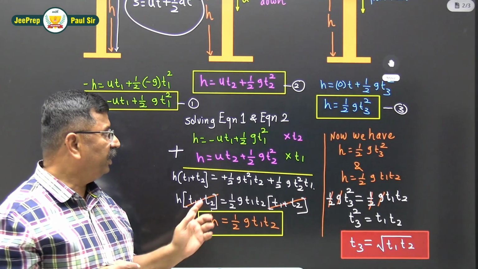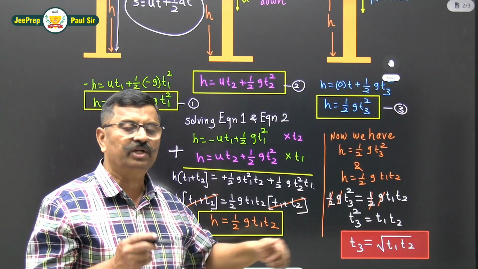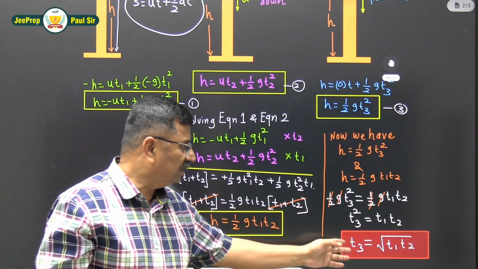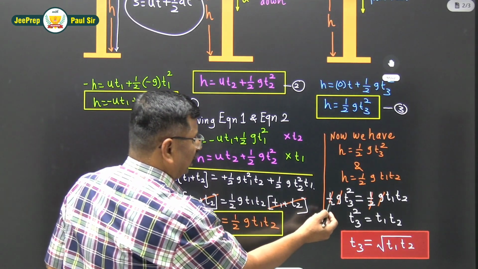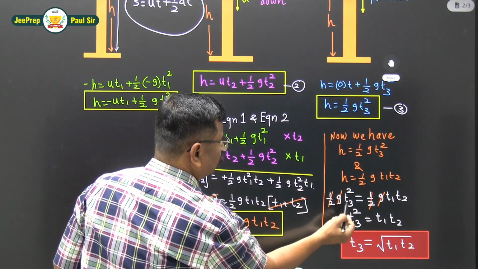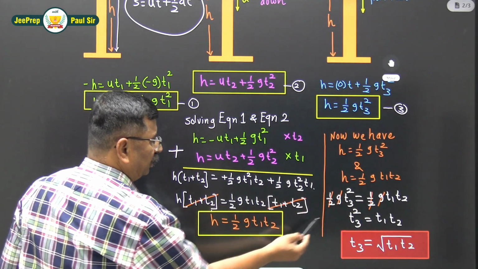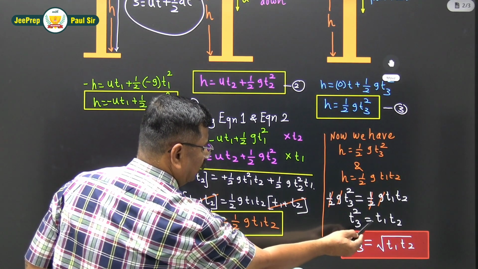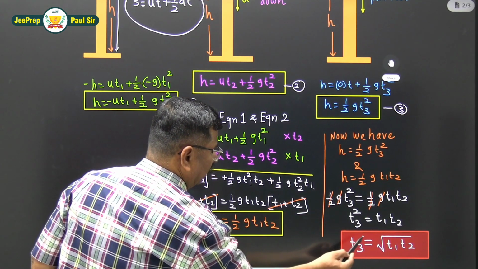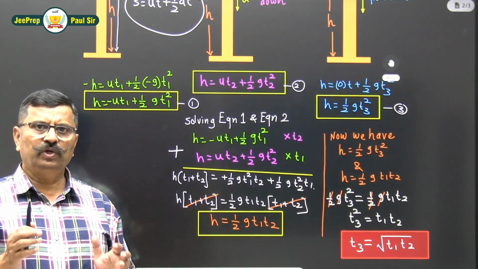So if I equate these two equations, I will get the required relationship among these three times t1, t2 and t3. Therefore, h is equal to half g t3 square is equal to half g t1 t2, and this half and g will get cancelled. t3 square is equal to t1 t2. Hence t3 is equal to under root t1 into t2.